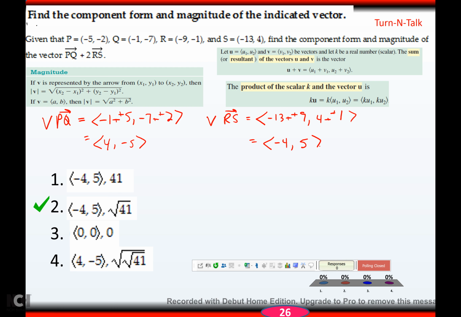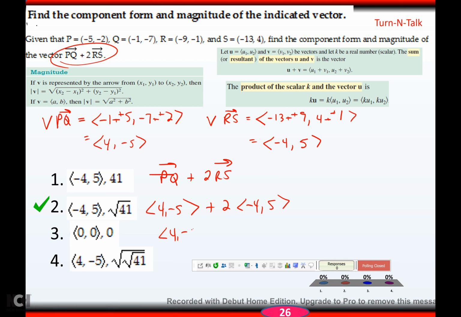And then they want me to do PQ plus 2RS. So PQ plus 2RS is going to be 4, negative 5 plus 2 times negative 4, 5. That's going to give me 4, negative 5 plus negative 8, 10.